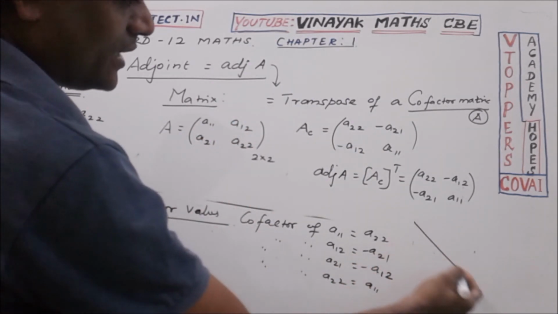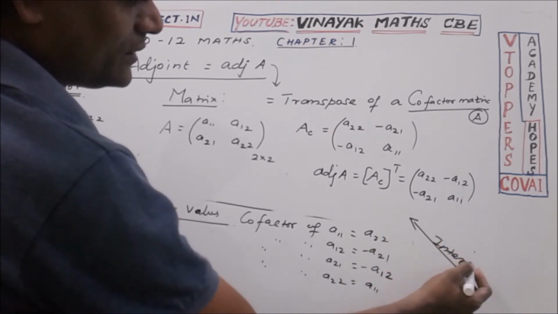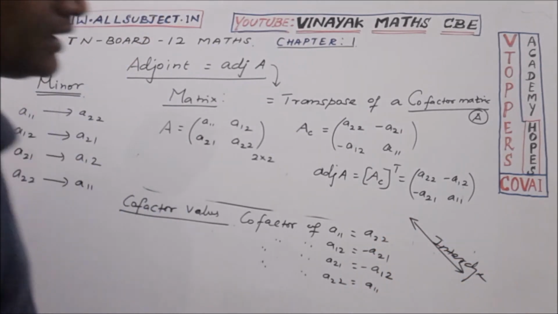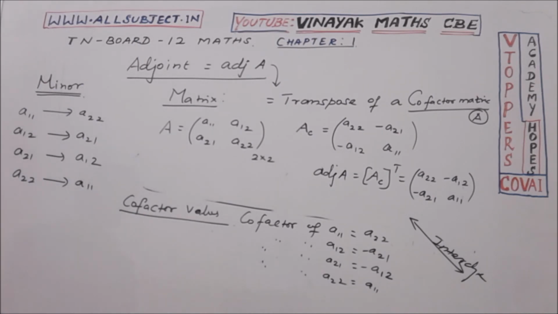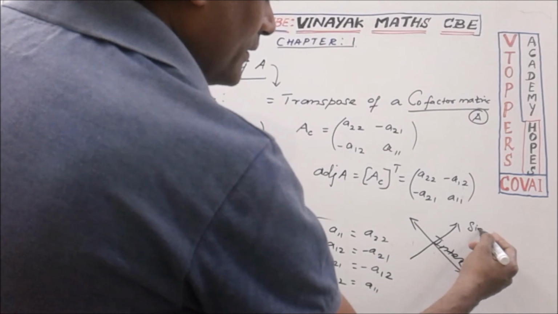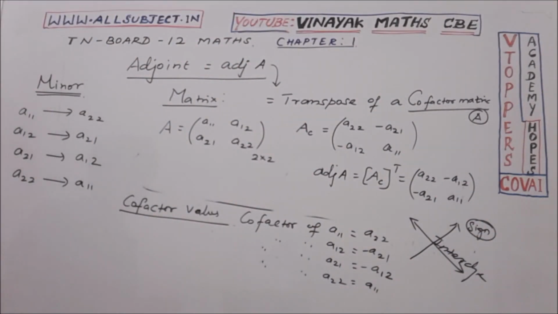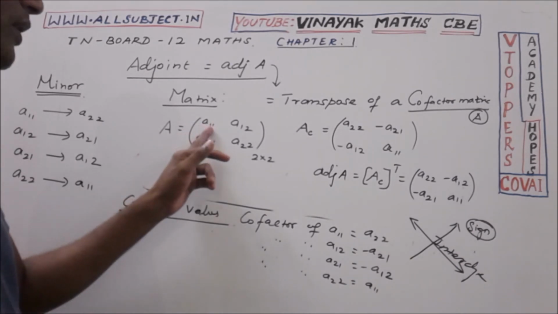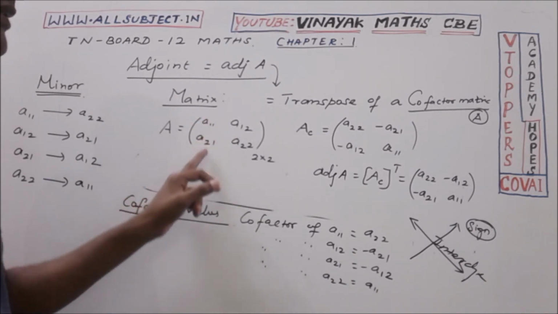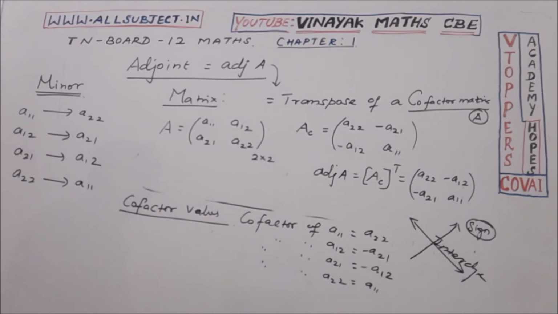In this diagonal, you should interchange the elements. In the secondary diagonal, you should change its sign. So A11 here, A22 here. Then changing the sign, we will get this one. So it is very easy to calculate a 2 by 2 adjoint now.